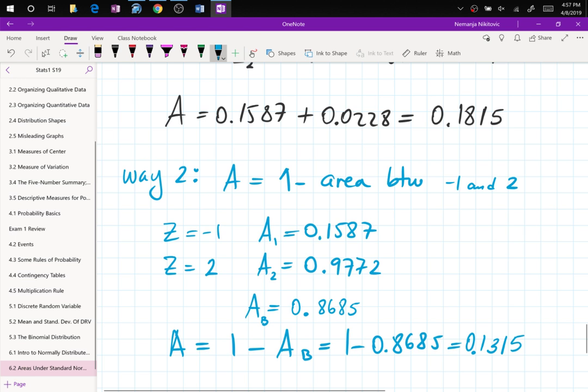Okay, 0.1587, good, and 0.9772. Let's see, 0.9772 minus 0.1587 is 0.8185.